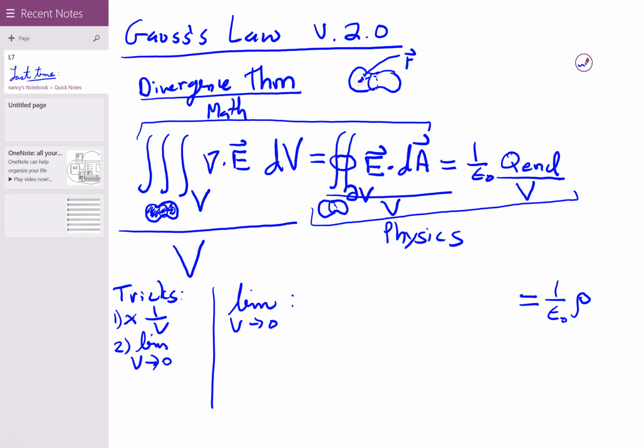As I do that, I'm getting the average density inside this peanut, but as it shrinks down to that one point, eventually I'm just going to get the value of the density at that point. So that's just the density at point R, the point to which I'm shrinking everything down. That's just what density means, basically. You take a tiny volume, you add up what's in it, you divide by volume, and you make sure your volume is near the point where you're trying to compute your density.